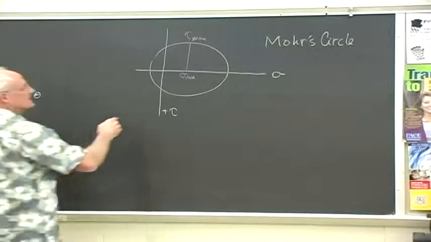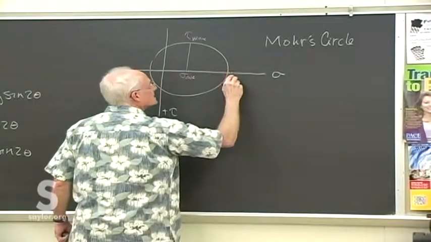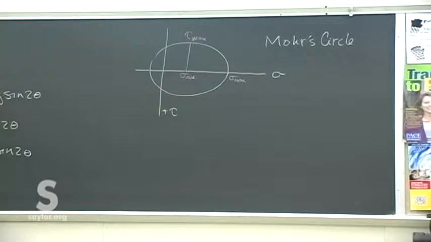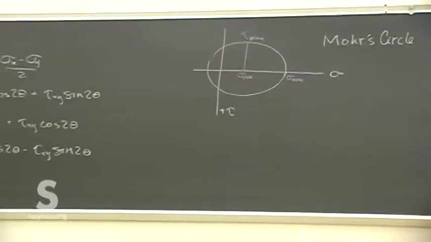And so we've got these couple of points here. We find that there will be a maximum shear stress. Remember, what this circle is, it's the locus of all of the values that we could see as we go through all of the possible different angles of analysis.